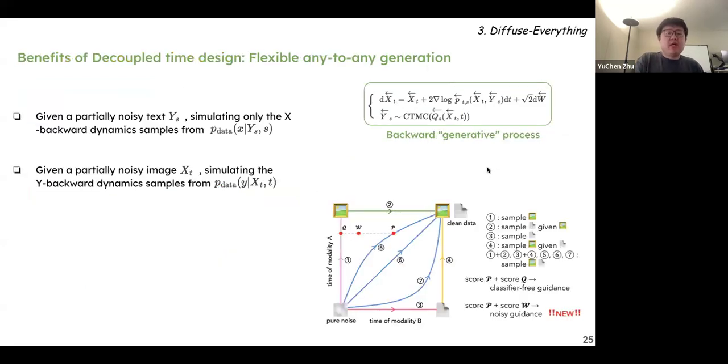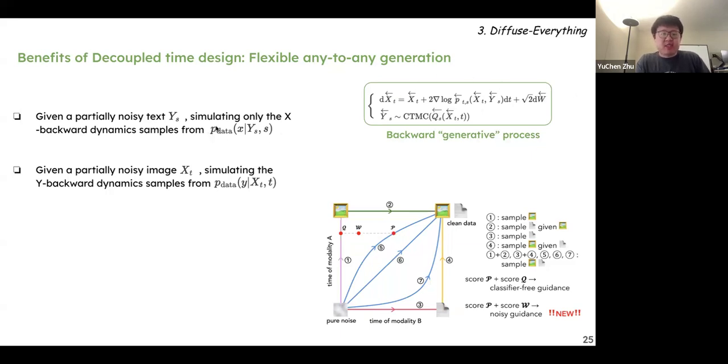So why is that? There's a crucial observation that if we learn this decoupled score with decoupled time, essentially we're learning the distribution of any possible combination of t and s. And one way of using that is to simulate only part of the dynamics. Let's say we're given partially noisy text y at time s, and we only simulate the x dynamics.